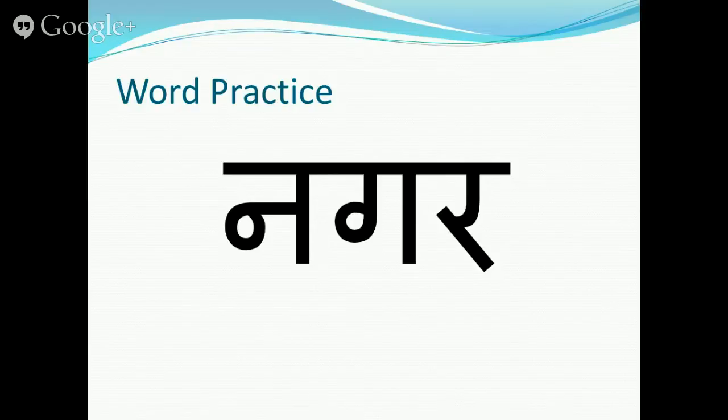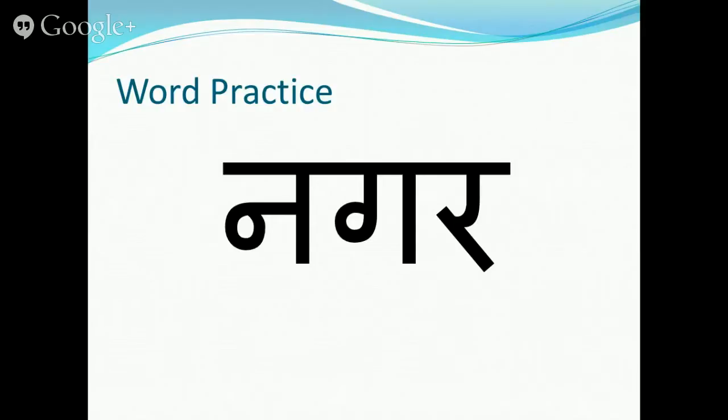Now here, if you're an English speaker, you're fighting a tendency, which we will discuss eventually: your inclination might be to change the second a into an uh. So you might want to say nagar.